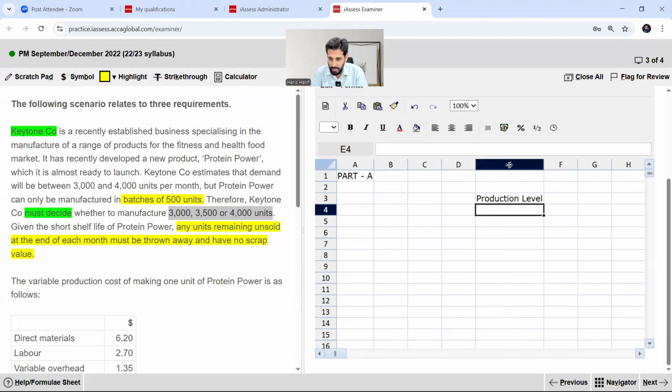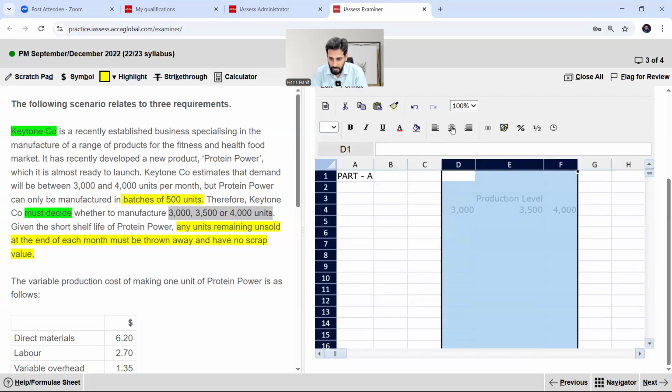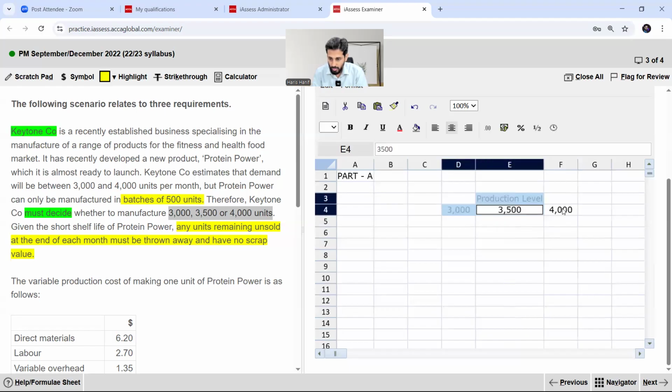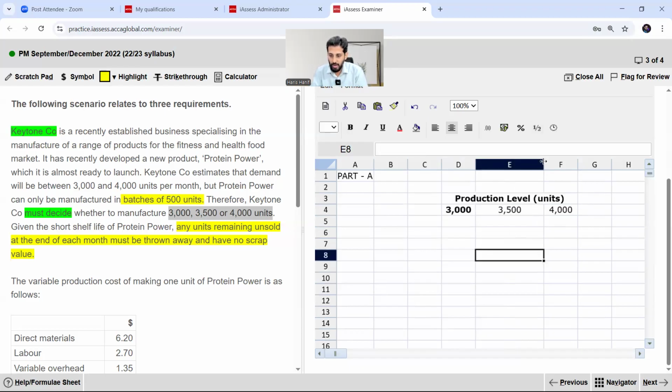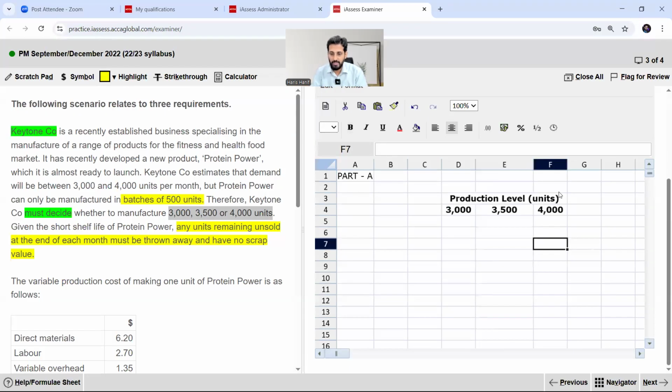This is my production level: 3,000 units, 3,500 units, 4,000 units, in terms of number of units. This is my controllable point.